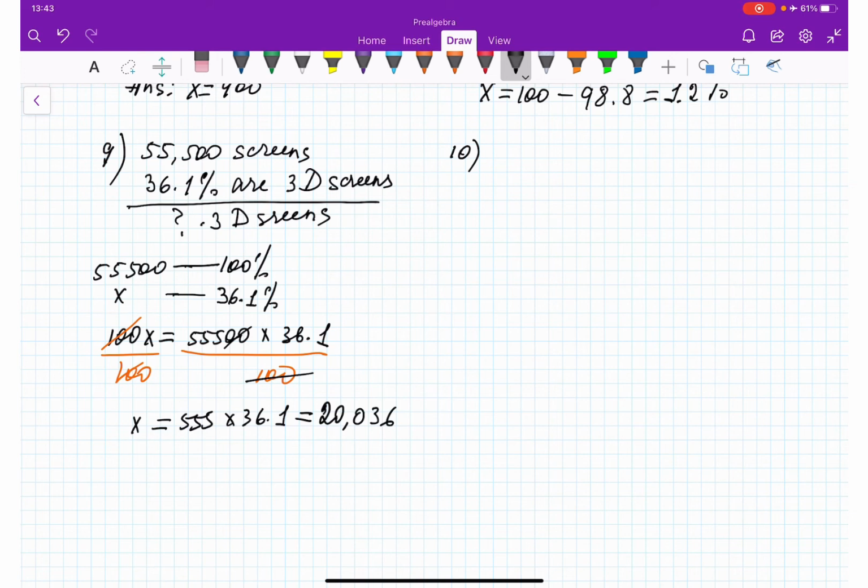So 48,000 people is total. Find the predicted number of physician assistants after 10 years. Okay, 48,000 assistants is going to be our 100%, right? And after so many years, it's going to be increased by 37%, right? So it's going to be 100 plus 37%. And that's going to be X amount because we don't know precisely how many people in 10 years.